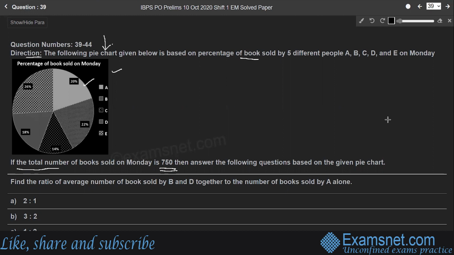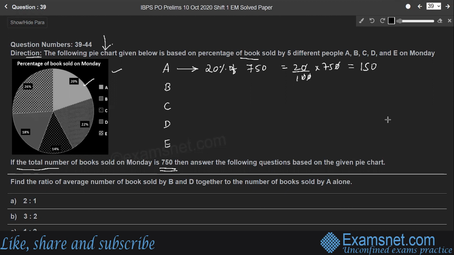So let us make a table in which there are 5 people, A, B, C, D, and E. Books sold by A is 20% of the total number of books, which is 750. Which is equal to 20 by 100 into 750. So 75 into 2 is 150.